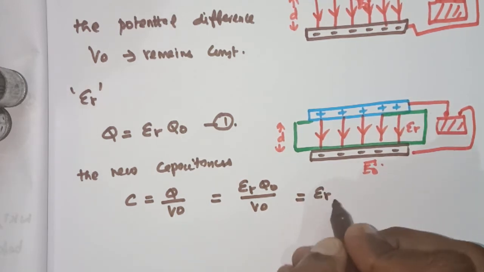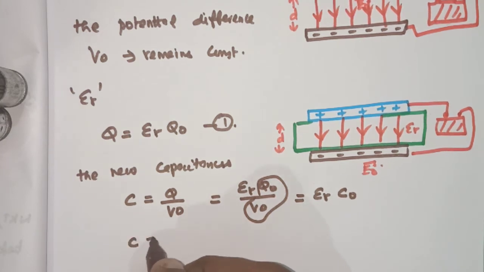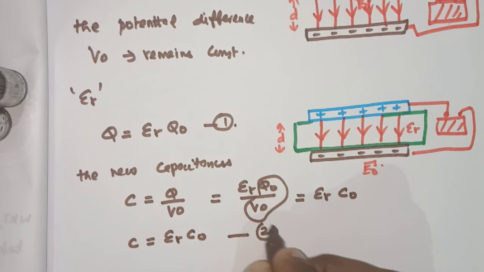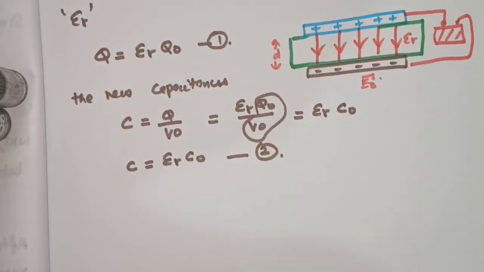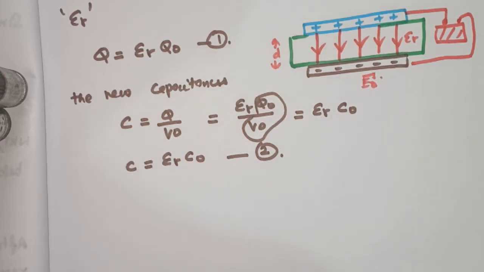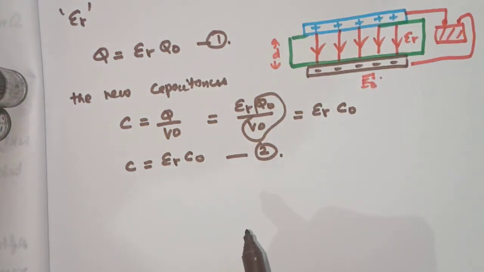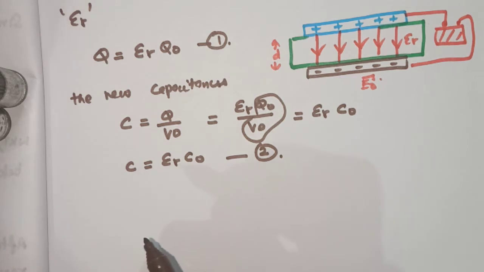So Q naught by V naught is called C naught, that is C equal to epsilon r C naught. This is equation number 2. The reason for increase in capacitance when battery remains connected is different from when battery is disconnected before introducing the dielectric.